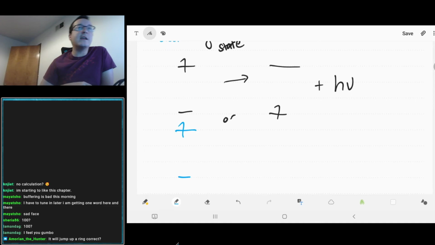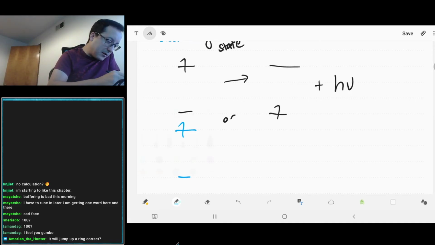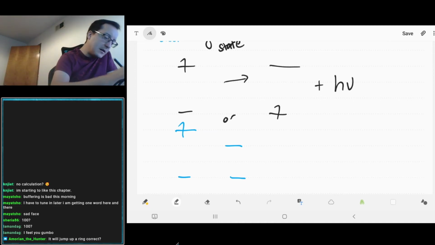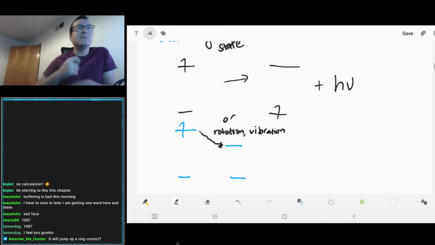So we have our excited state. What could happen is it decides, okay, I'm going to wiggle around a bit. I'm going to use some of this energy to rotate or vibrate or do something that's going to deplete our energy. This could be rotation, vibration, some sort of way that we're going to use that energy.